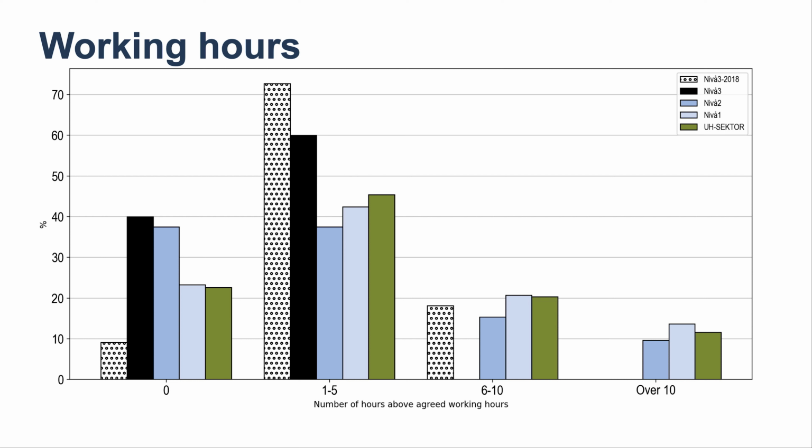Employees in particularly independent positions were asked how many hours they usually work per week beyond what they think is reasonable for their position. In the diagram, the numbers are merged, and it is the percentage of everyone who has answered at the unit that is shown in the four different groupings.